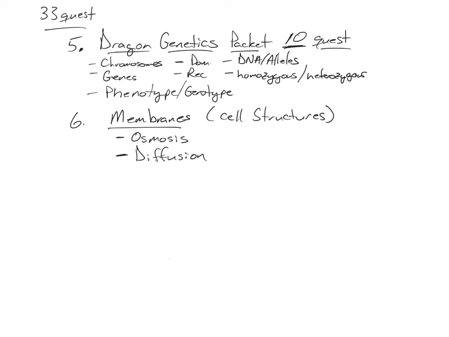Diffusion, osmosis. You better be able to tell me where the water is moving, if it moves. Because when I tested the membrane after school with some kids, they were confused on whether water moved or not. So you better be careful.